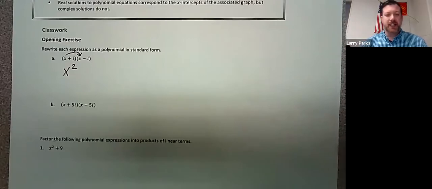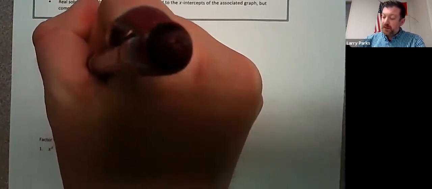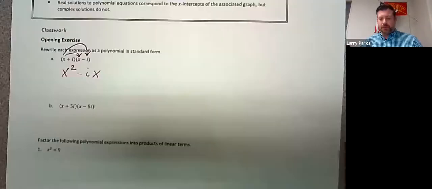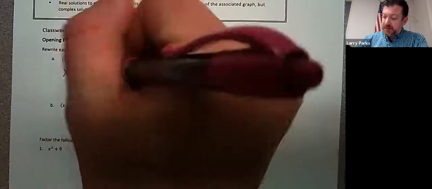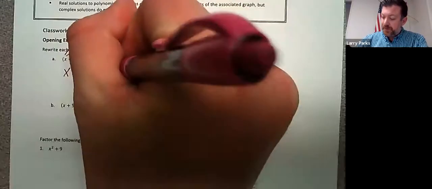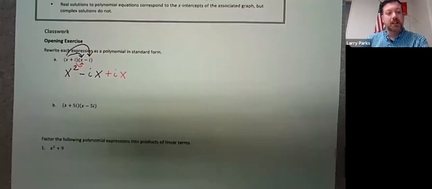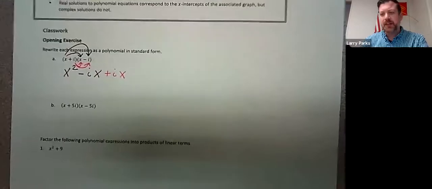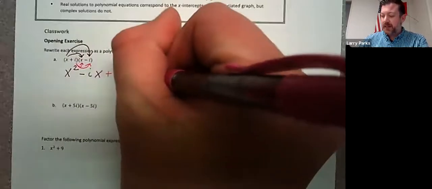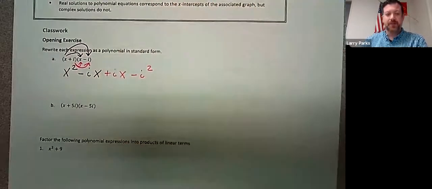I would then take x times negative i, and then I would take i times x, and then i times negative i. And see, i times negative i would be negative i squared.